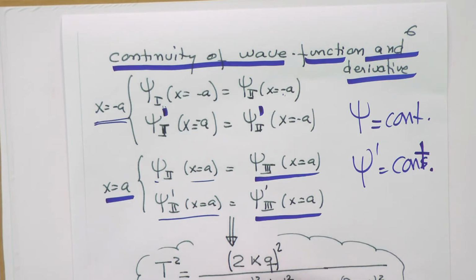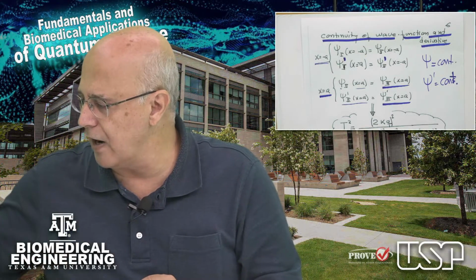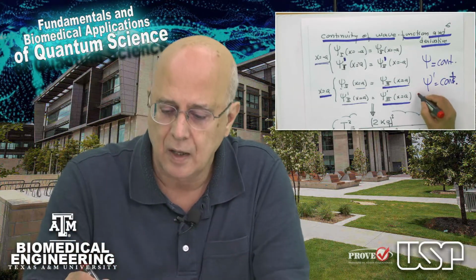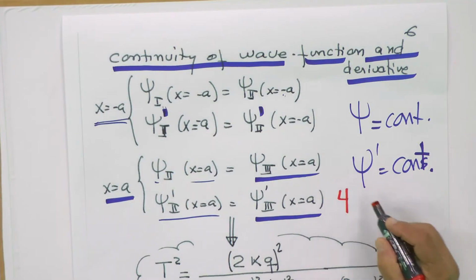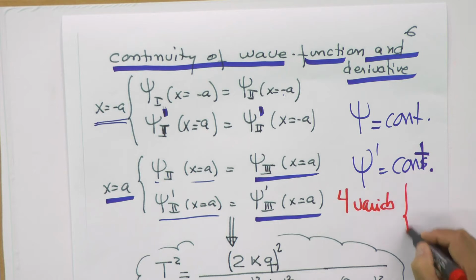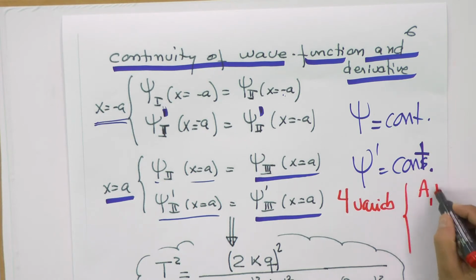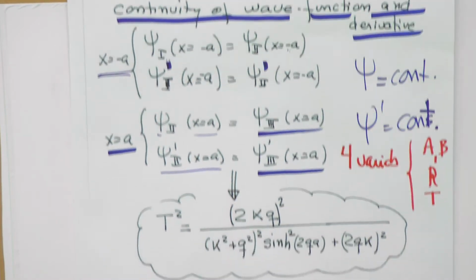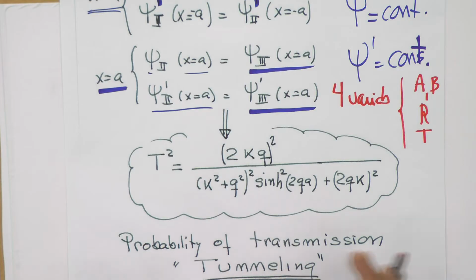And we have A, B, R, and T to determine: 4 variables that we don't know and 4 equations, because k and q are supposedly well known.